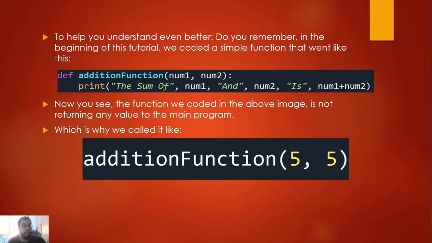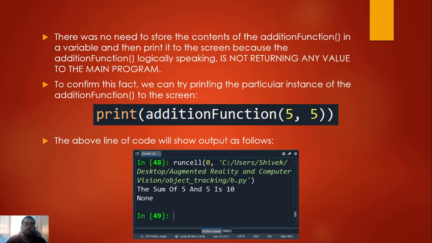Now you see, the function we coded in the above image is not returning any value to the main program, which is why we called it like addition function 5, 5. There was no need to store the contents of the addition function in a variable and then print it to the screen because the addition function, logically speaking, is not returning any value to the main program.